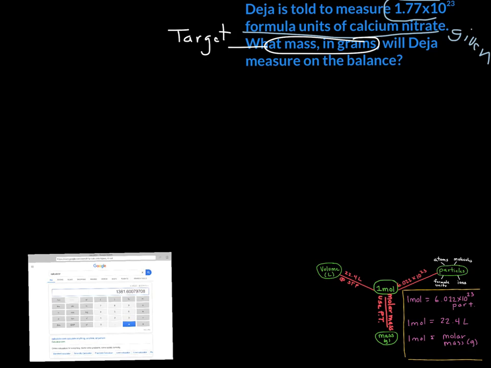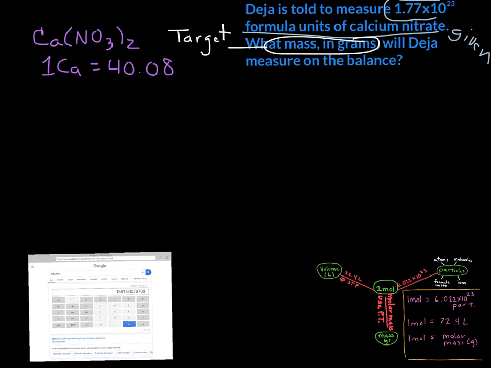So we also need to know the formula for calcium nitrate. When we do that formula, calcium is a +2, nitrate is a -1, so we need Ca(NO3)2, with a 2 on the outside. That gives us 1 Ca, and again, using the periodic table, we get 40.08, okay?